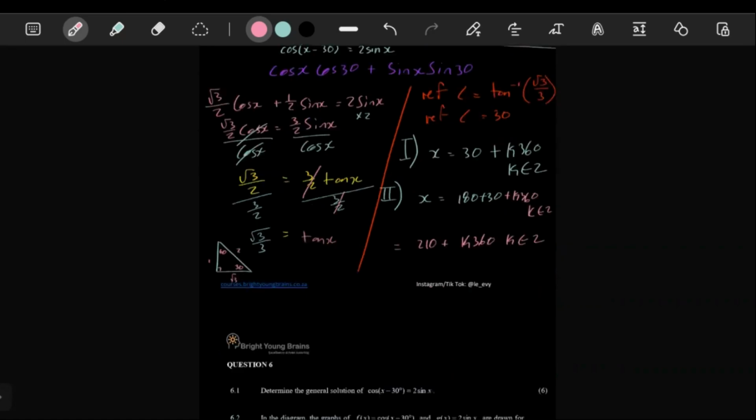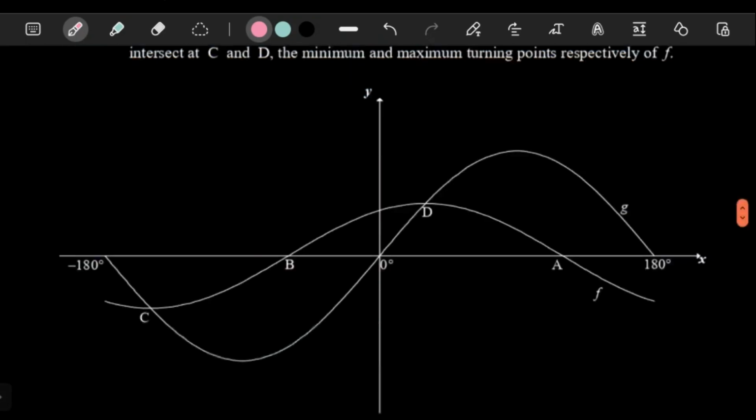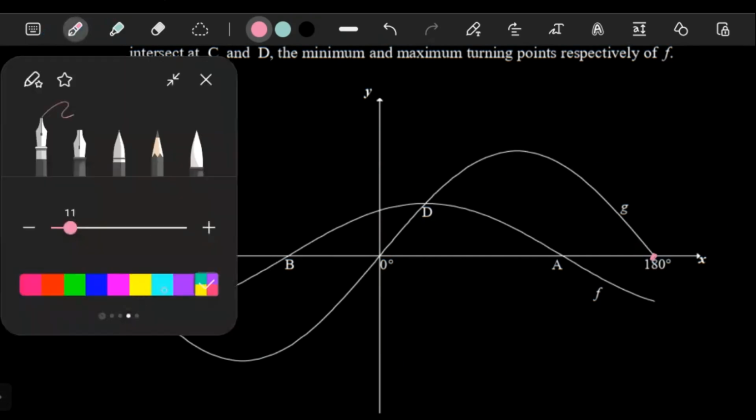So let's move on. 6.2 says, in the diagram, the graphs of f of x and g of x are drawn in the interval negative 180 to positive 180. Yeah, this looks way too familiar, it's almost irritating now.